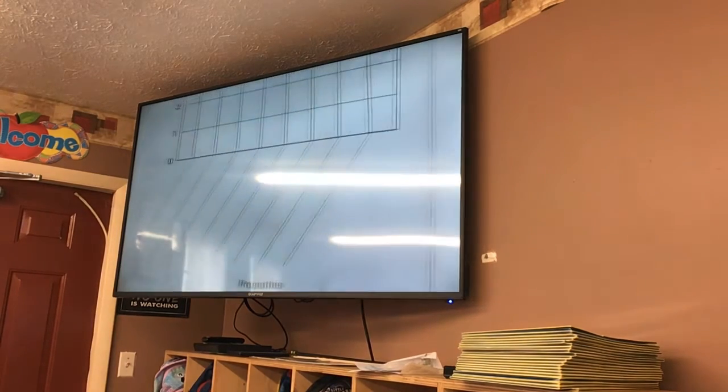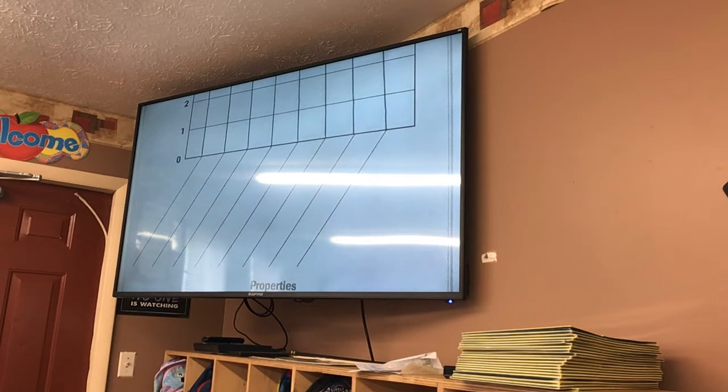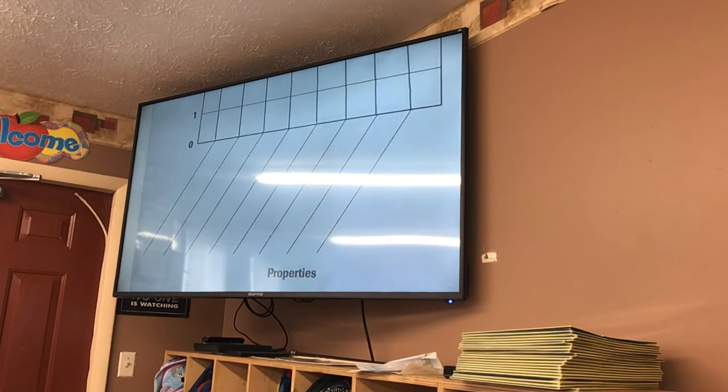Alright, so in the space at the bottom, in between the lines, let's write size. Wait, is this even the right one? There it is. Alright, let's write hardness. Okay, I'm gonna write hardness.